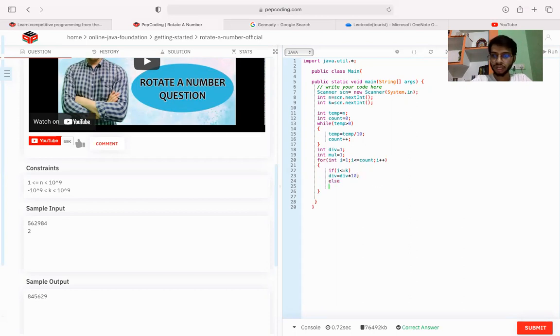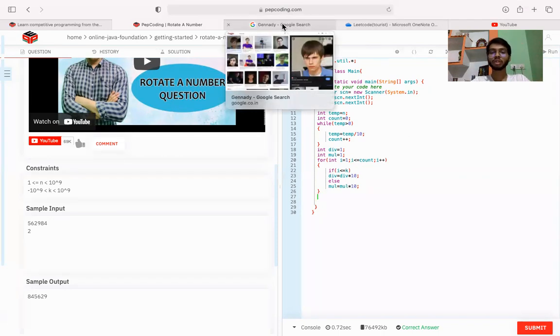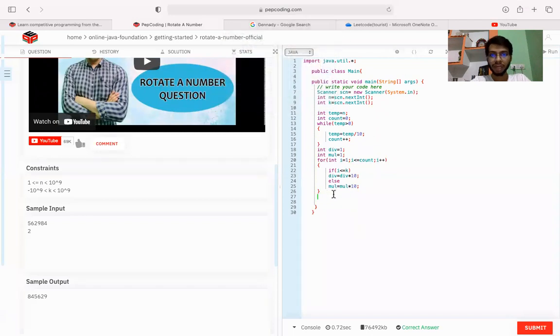In the else part, for those digits up to n minus k, this will be the multiplier. So my multiplier will be multiplier into 10. After finding these two numbers, I have found my divisor and my multiplier. Now I need to find the remainder of my number.